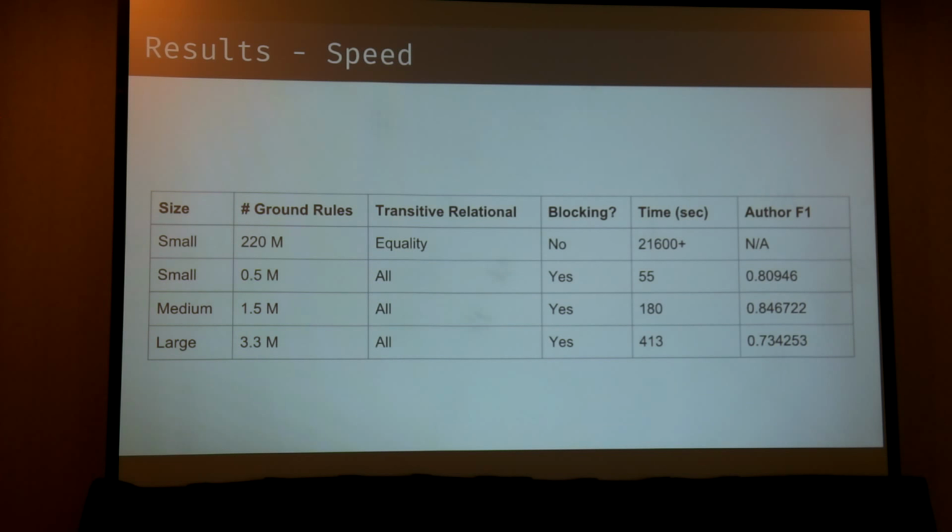And then compare that to all the small, medium, large with all of our transitive rules and blocking. We see those finishing in about 1 minute, 3 minutes, and then about 7 minutes or something. This is to show that in PSL your models can be very expressive.